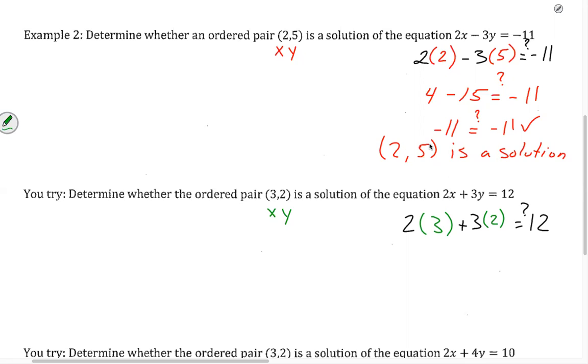I think this was pretty easy to see. 2 times 3 is 6, plus 6. 6 plus 6 equals 12. So 12 equals 12. So again, (3, 2) is a solution. And again, all of these points would be points on this line or this line, the 2 that I'm given in the problem.